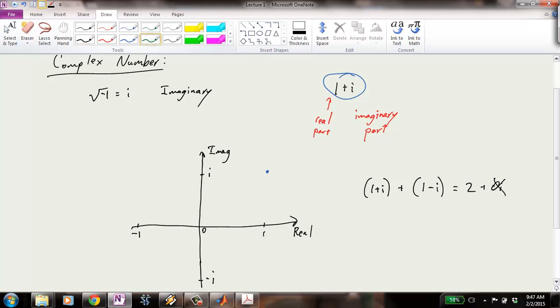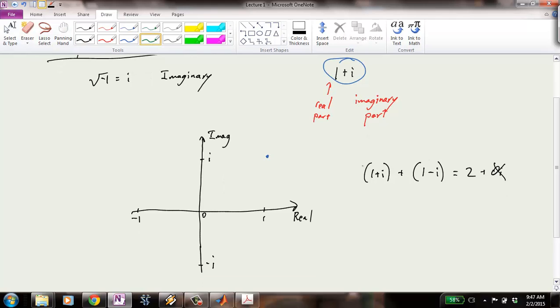We've taken our blue number, the same one, and this green one, which is right here, and the sum became 2, which is this point right here. This is just vector addition. If you think of these as vectors, adding them is putting the points end to end, and you get this number out here. Addition is straightforward as vectors.